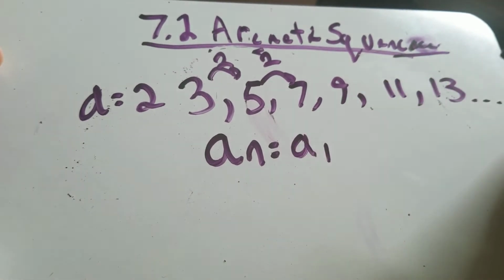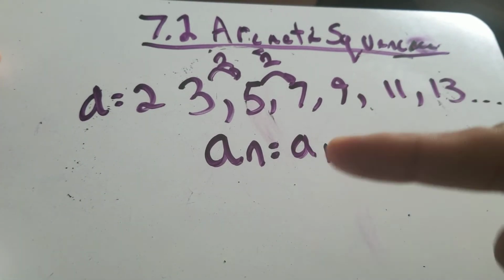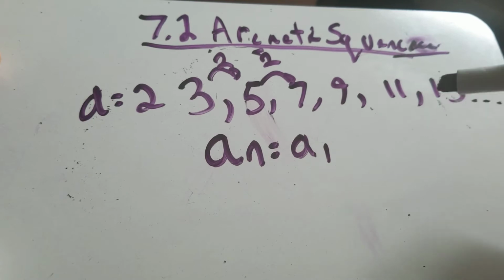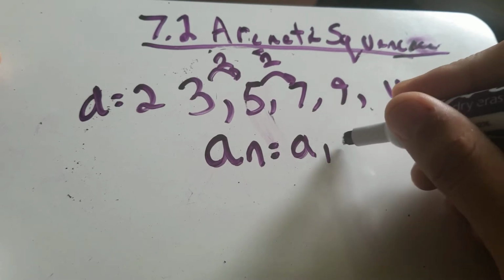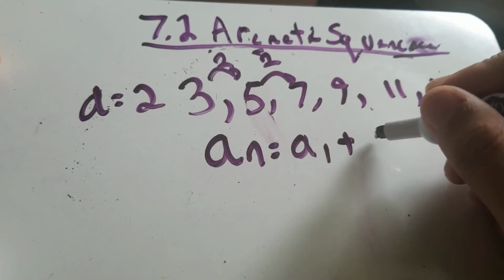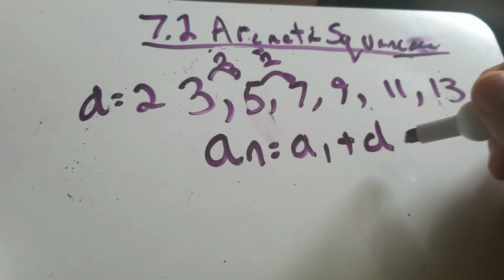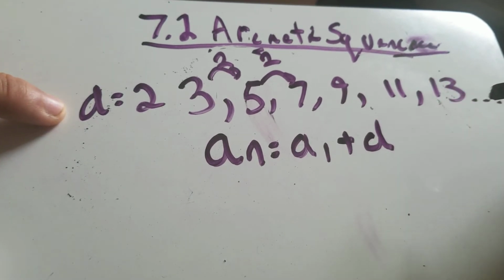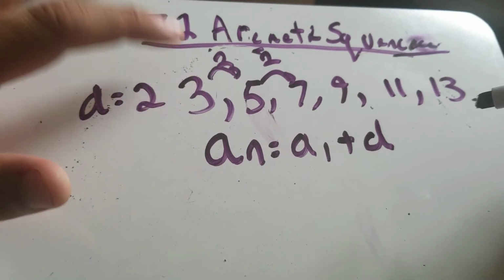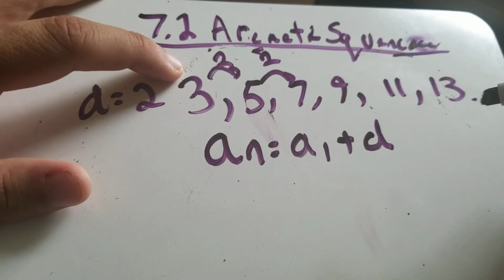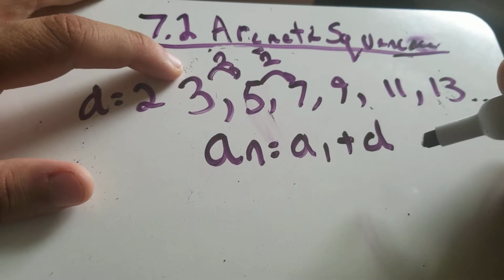A of 1 is going to be your first step. D is going to be the difference. Like we talked about, what is the pattern between terms? Adding is also subtracting, because remember, subtracting is technically negative adding.